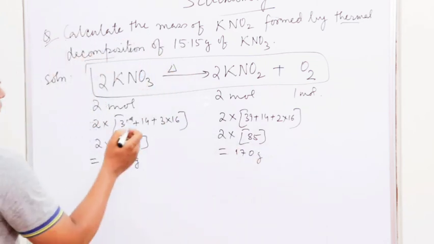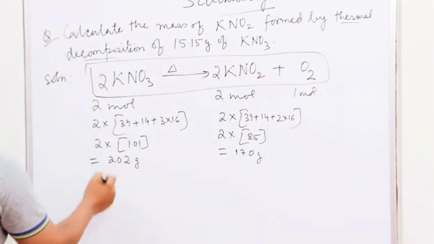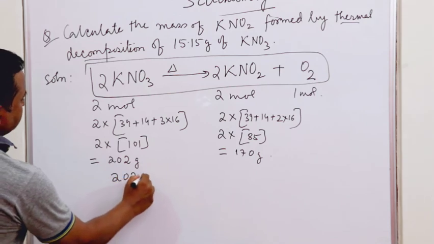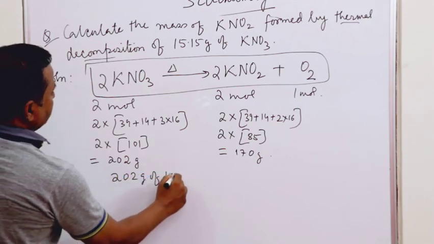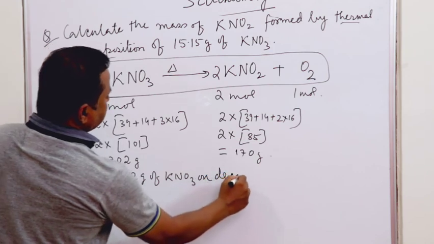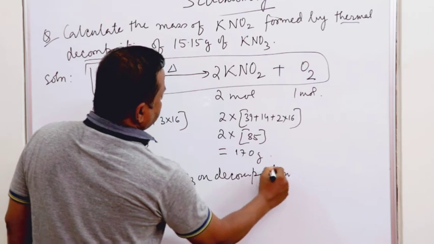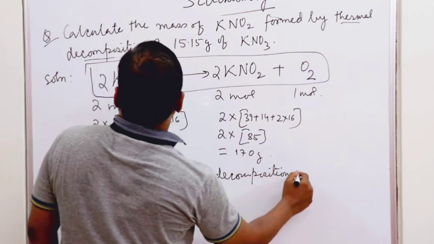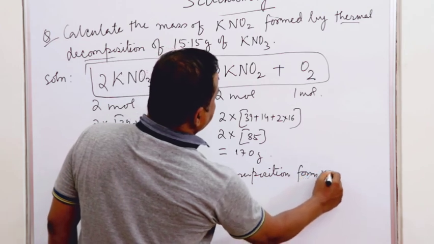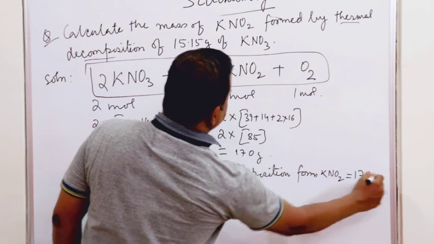So we are asked to find the mass of KNO2. From the question we see that 202 gram of KNO3 on decomposition forms KNO2 equal to 170 gram.